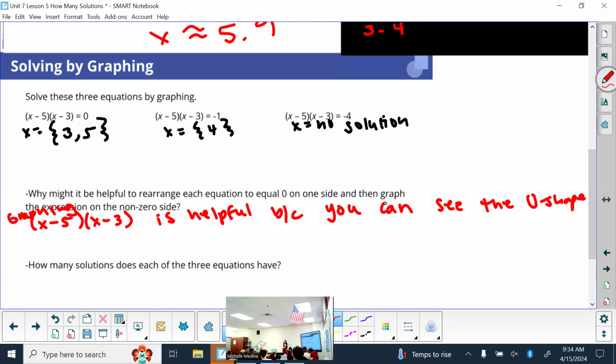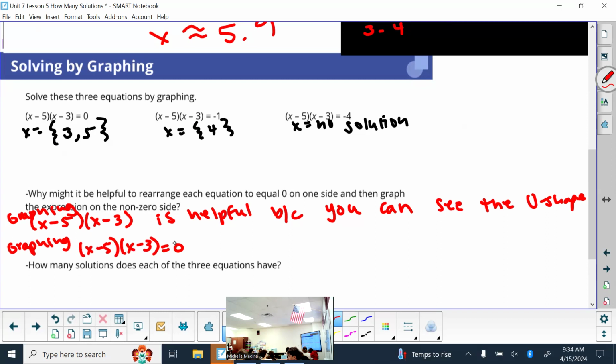Versus the other way where you can only see the x-intercepts. When you can see the U shape, you can see the y-intercept, you can see the vertex, you can see every single input-output combination.